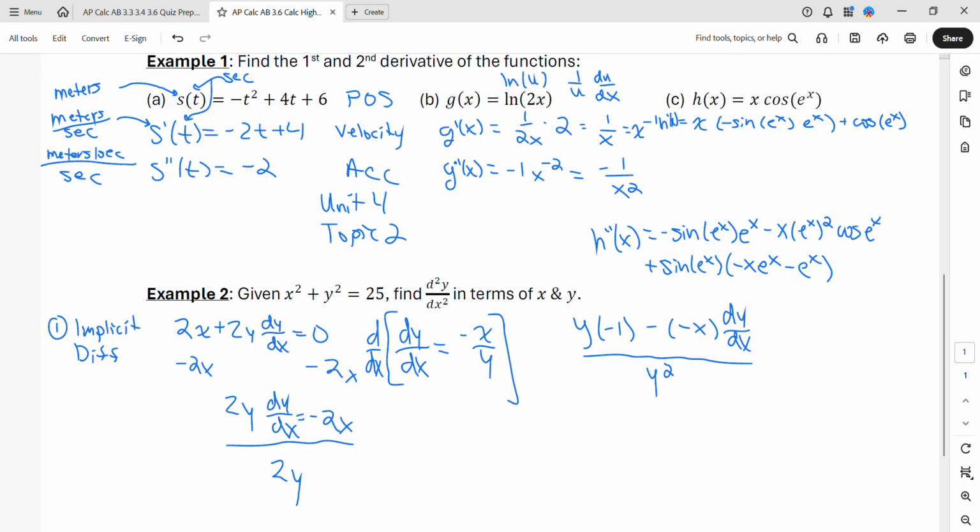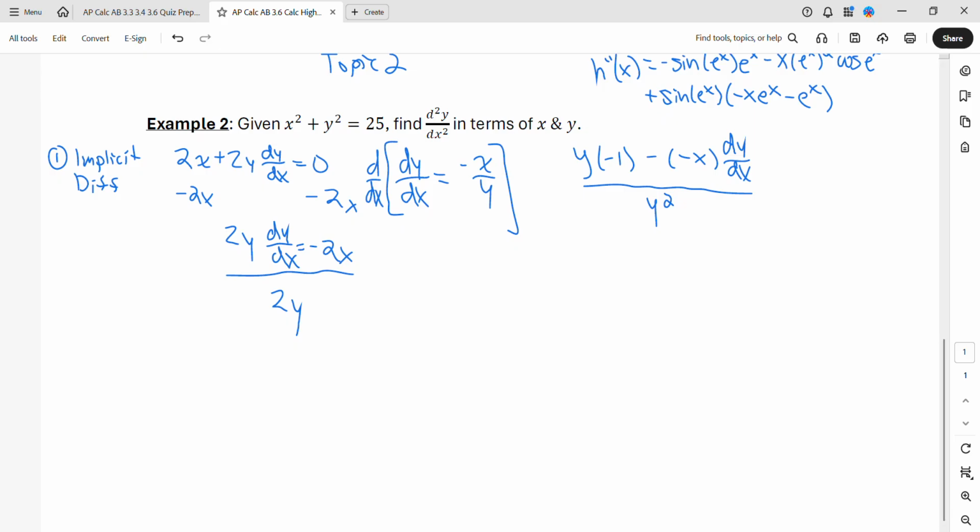Now, this is where our algebra skills, just like with the other problems that we've been seeing up to this point, really become important. The problem says to write this in terms of x and y. Here's how we're going to do that.